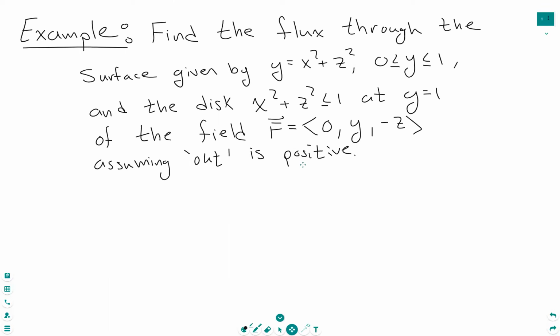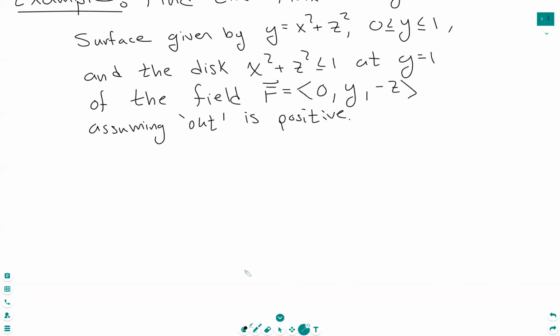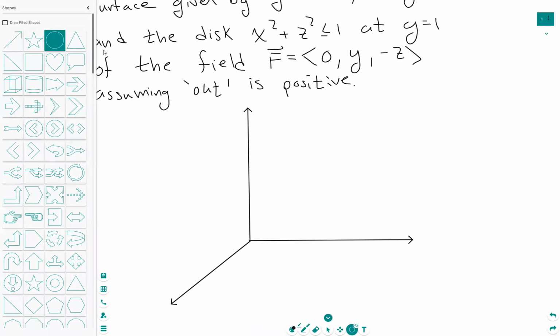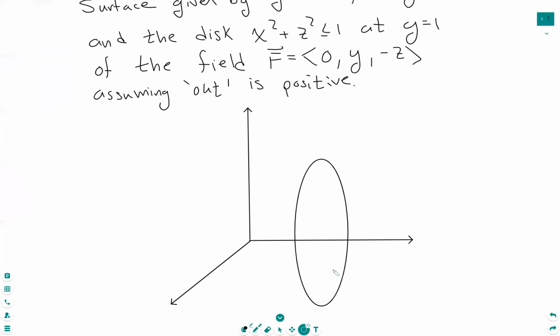So this surface seems to have two very distinct faces, right? Let's do a sketch of what's going on here. We have some disk at y is equal to 1, where x squared plus z squared is less than or equal to 1. So it includes this entire little disk here.